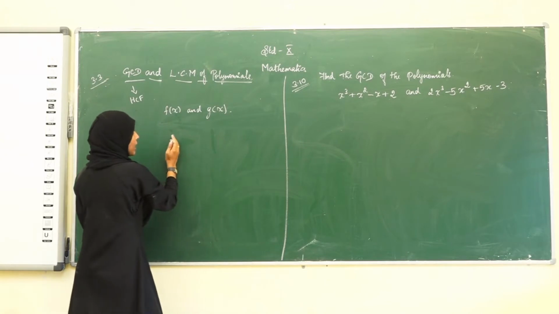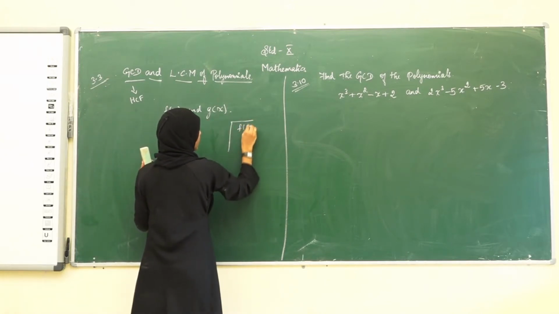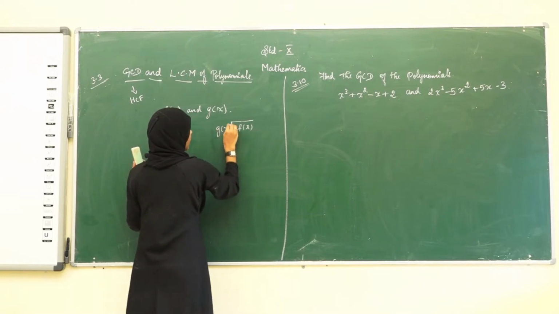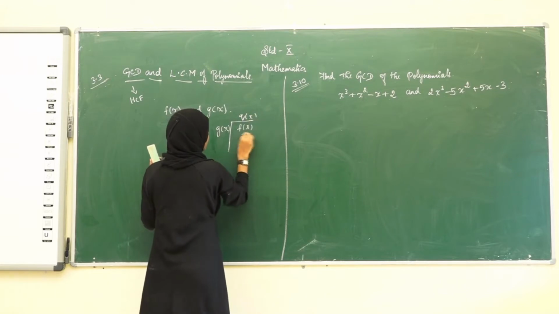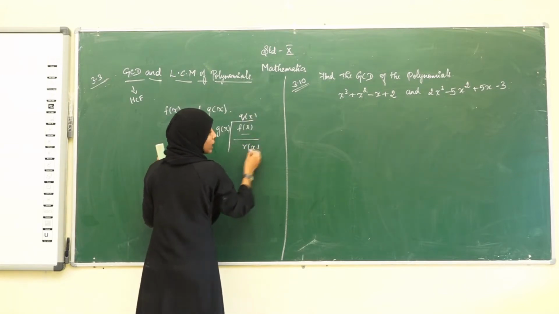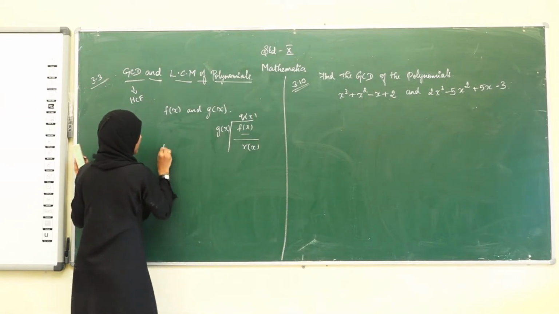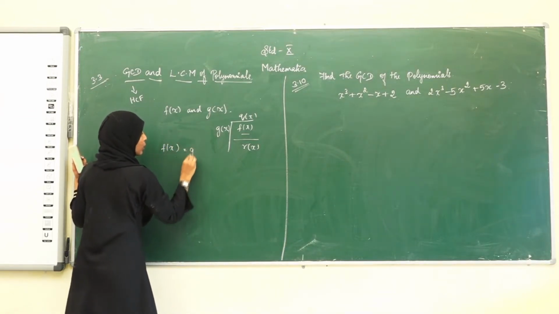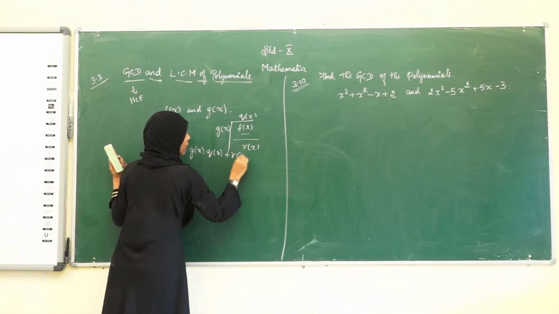If you are dividing f of x by g of x like this, we get a quotient, which will be q of x, and a remainder r of x. This can be written as f of x is equal to g of x into q of x plus r of x.